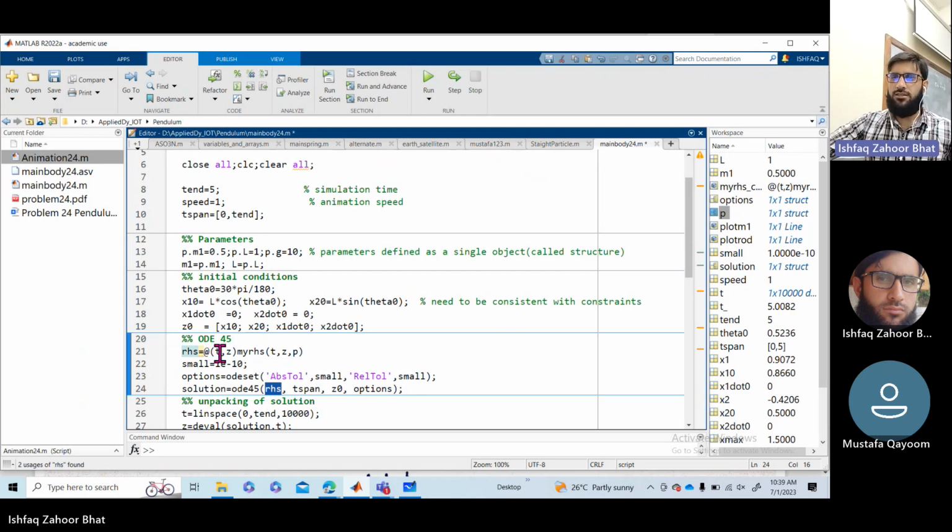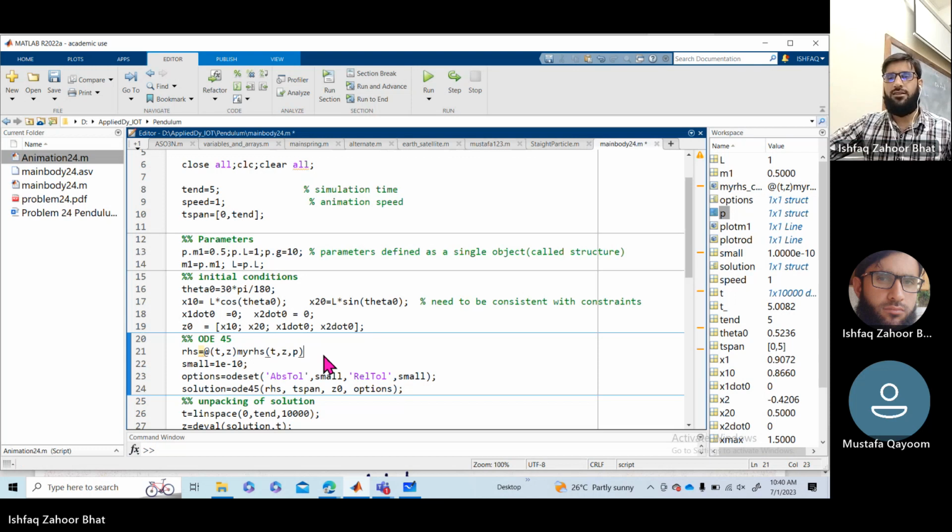What this RHS is, it is my RHS itself. But the only thing is that in my RHS, it was a function of T, Z, and parameters. I have already told you that MATLAB ODE takes only functions of T and Z. So I have to first make my RHS a function of T and Z only.